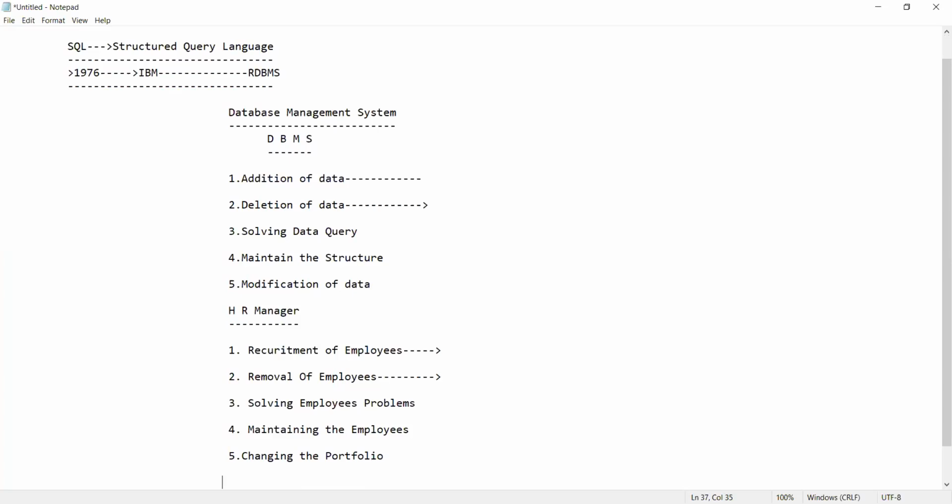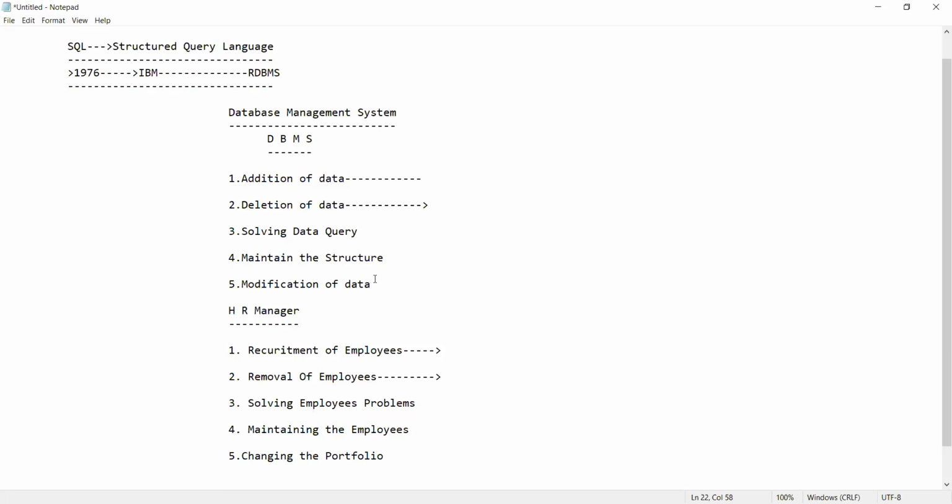Whenever any employee gets a promotion, automatically his portfolio will be changed from the current portfolio to whatever we have. So here also, modification of data.